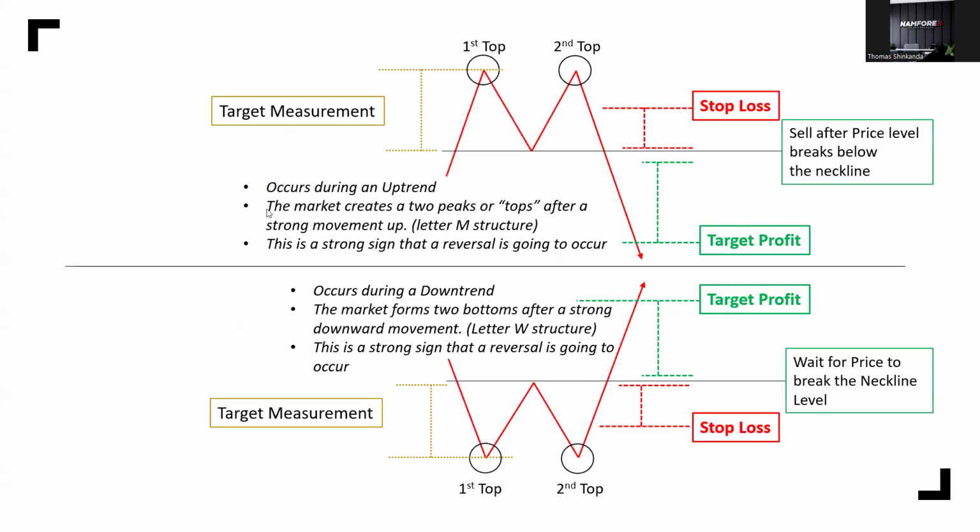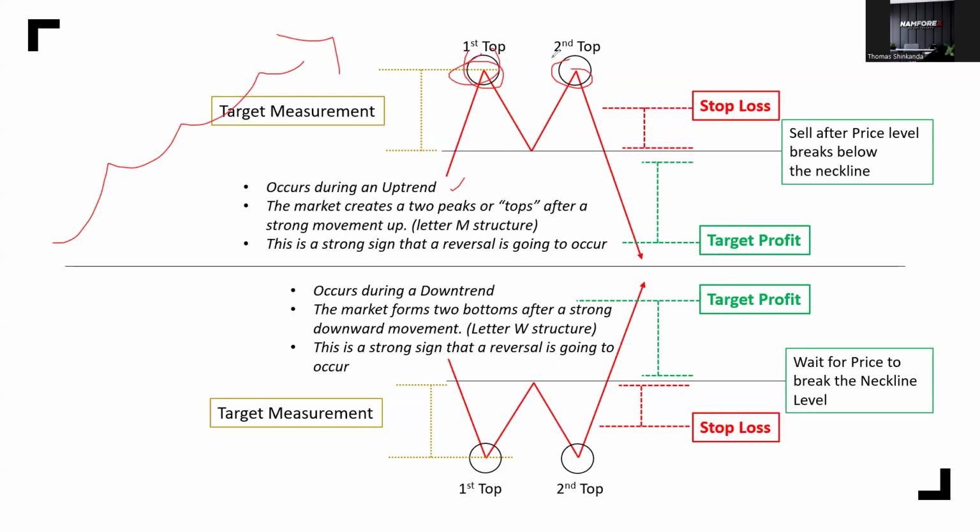So these are basically the rules that you're gonna use when you're trading supports and resistance, double tops and double bottoms and so on. This one, the double top, occurs in an uptrend, assuming the price was going up, okay? The market creates two peaks.